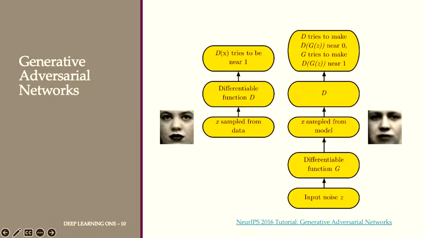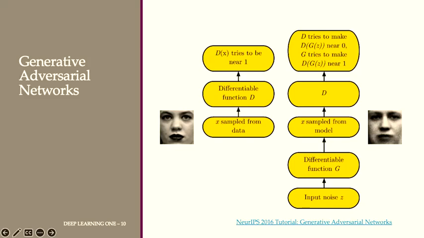All right, so let's go into the nitty-gritty details of how it works. It won't be as complicated as the VAE. It'll be pretty straightforward, I hope. And here's pretty much all that we'll be doing today. On the left column, you'll see what happens if an image is sampled from the real data. You sample one image from the data and put it through this differentiable function D, which we'll just call the discriminator.